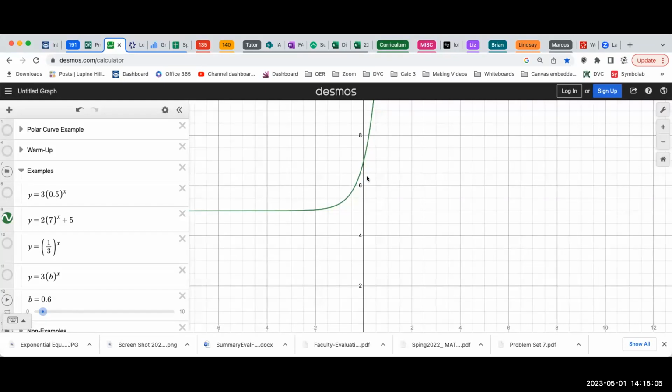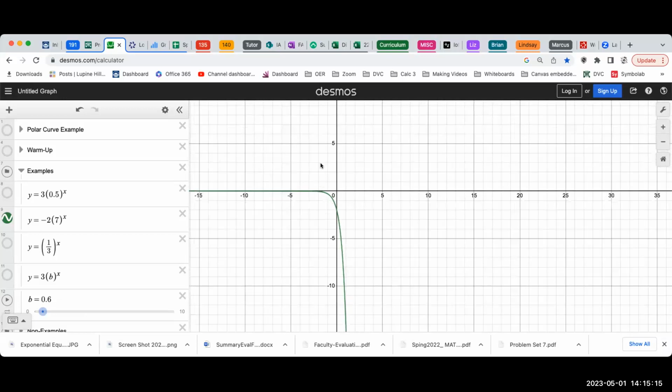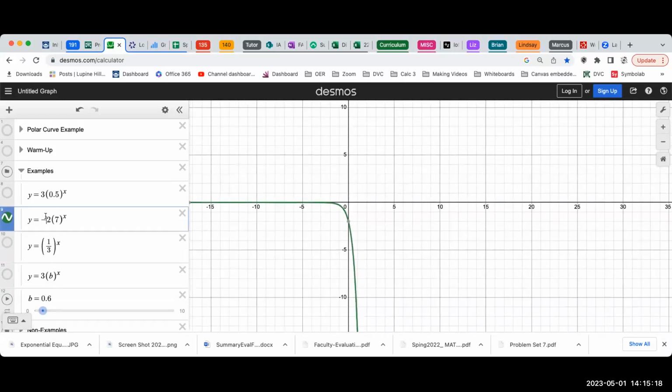Is there anything else? You can reflect it by putting a negative out in front. Vertical reflection. But what if I put the negative in front of the x? Instead of a vertical reflection, it'll be a horizontal reflection.